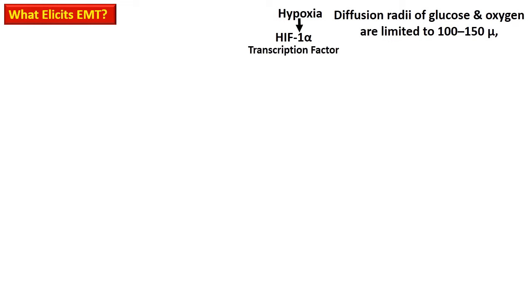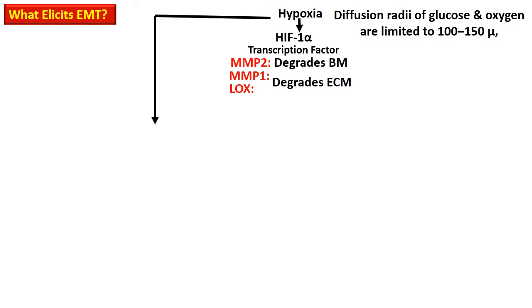So hypoxia inducible factor is increased in that area, and this transcription factor is responsible for degradation of the basement membrane and extracellular matrix through the transcription of matrix metalloproteases 2, matrix metalloproteases 1, and lysyl oxidases.